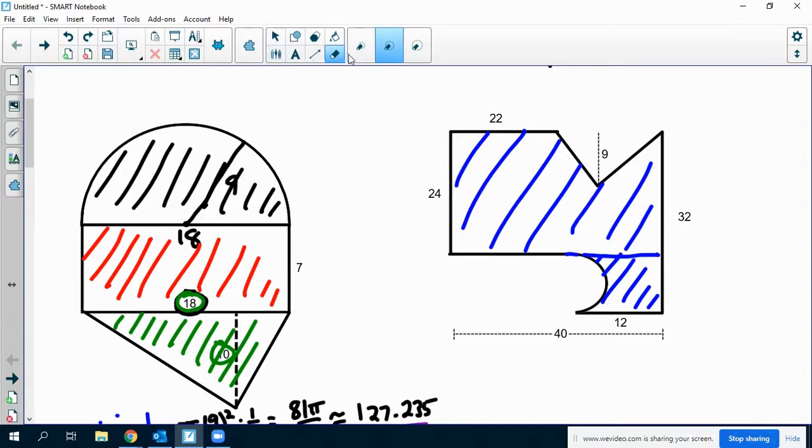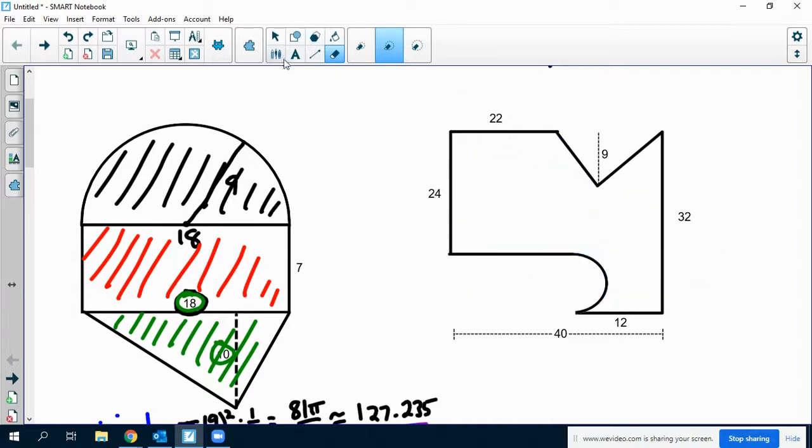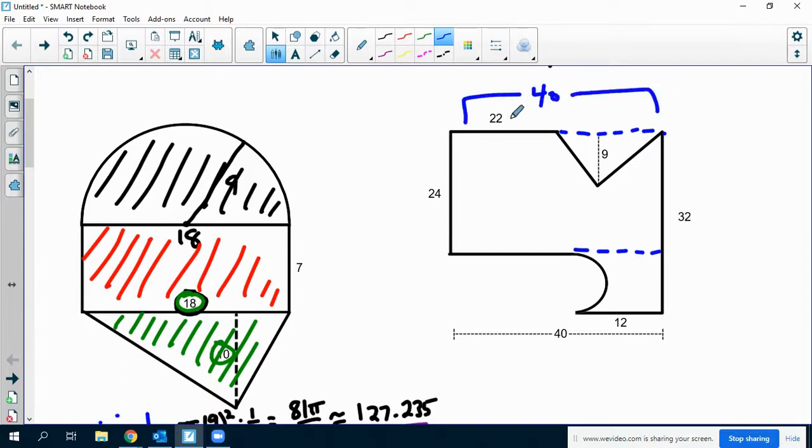So I'm going to do 4 parts to this problem. Part 1 is this rectangle up here that has a length of 40 and a height of 24. I'll call that the bigger rectangle. That's 40 times 24, which is 960.